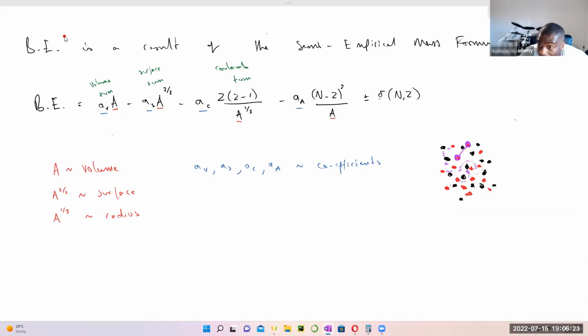That proton there is going to be repelling this proton all the way over here. That proton there is going to be repelling this proton here. That proton there is going to be repelling that proton there.